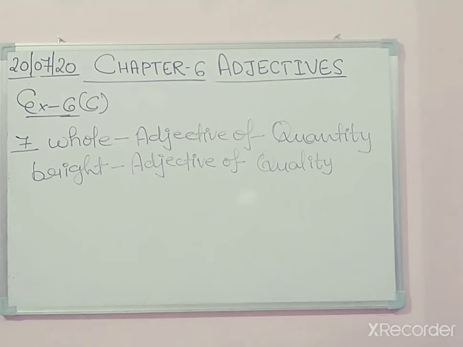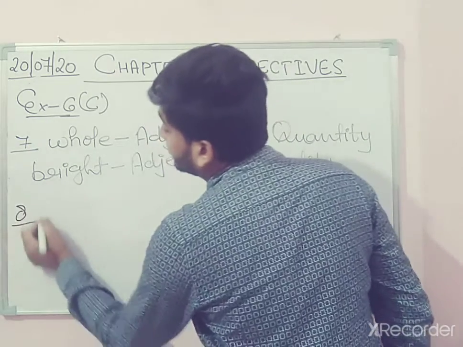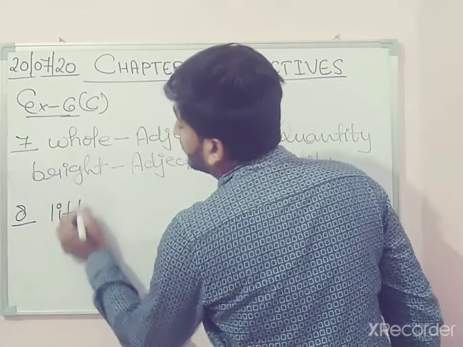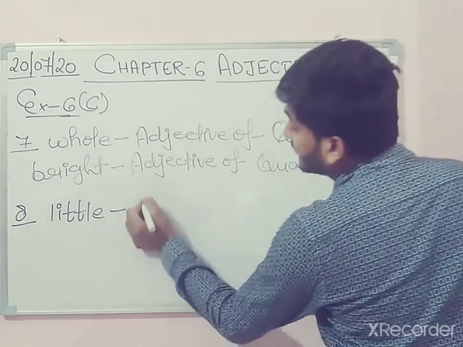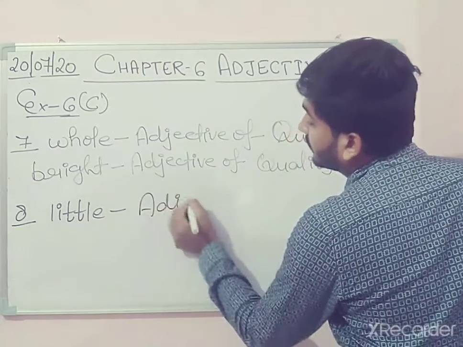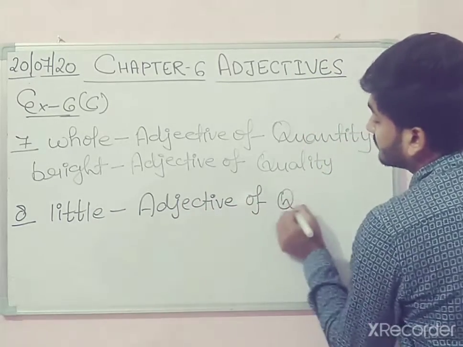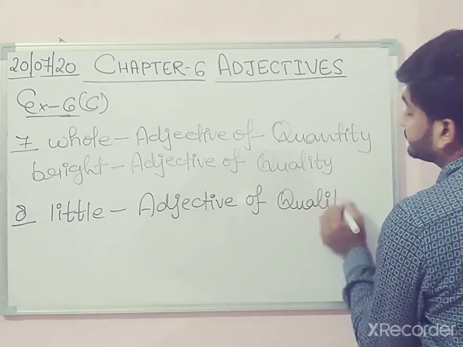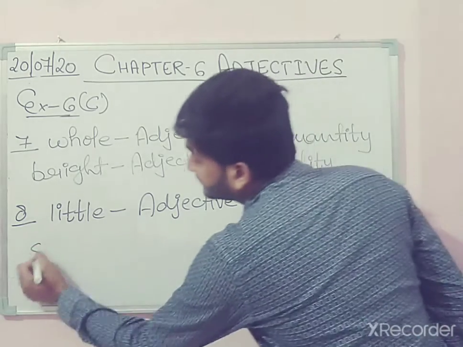Okay. Number 8 is the little hen had several chicks. Number 8, little hen. What kind of hen? Little hen. Choti. Adjective of quality. Okay. Next is several.